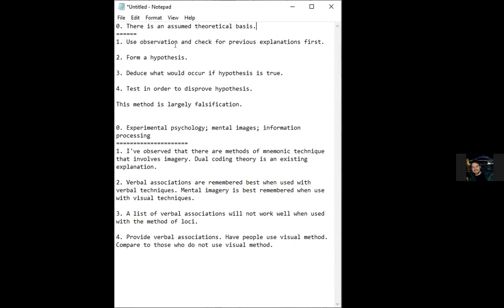So you use an observation and check for previous explanations. I might see something that makes me think of something, and then use previous explanations to deal with it, like a tree turns black on the inside and you want to know why.